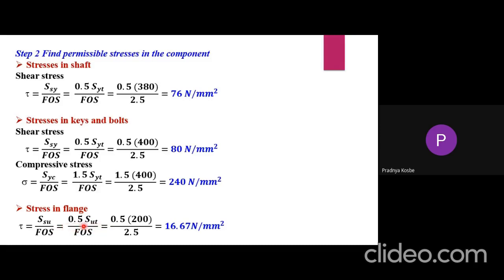So SSU is equal to 0.5 times SUT, and tau is equal to 0.5 SUT divided by factor of safety. Ultimate tensile strength is 200, so put that value. Factor of safety is again 2.5, and we get permissible stress in a flange as 16.67 Newton per mm square.